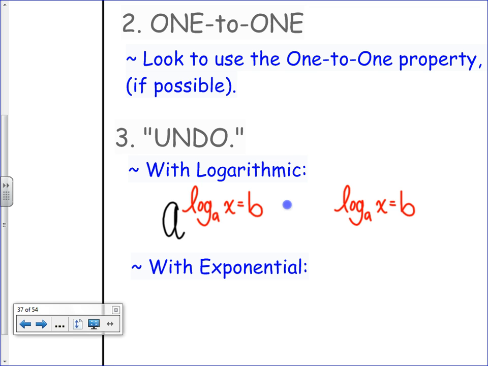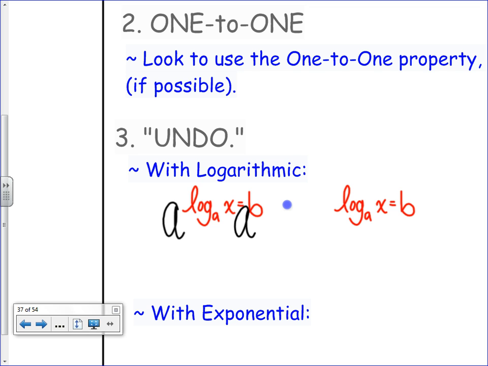A to the power of, and A to the power of. Because A to the power of log base A of x is just x, and then A to the power of b is just A to the b.